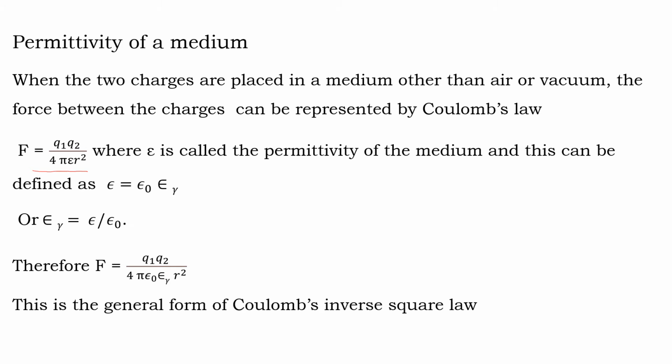And this epsilon can be represented as epsilon 0 epsilon r, or epsilon r can be represented as epsilon by epsilon 0. That is, this epsilon r is called the relative permittivity or dielectric constant.